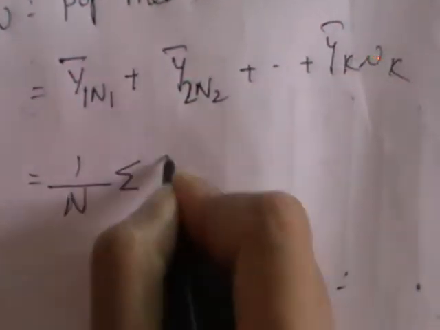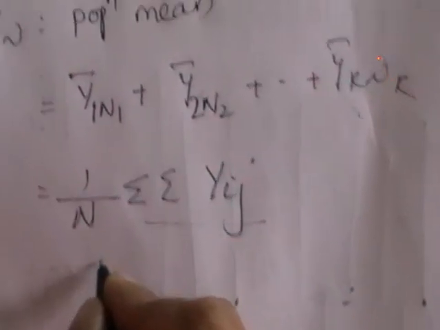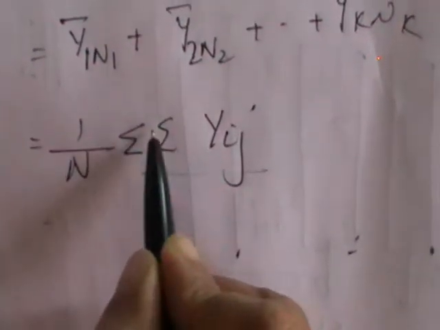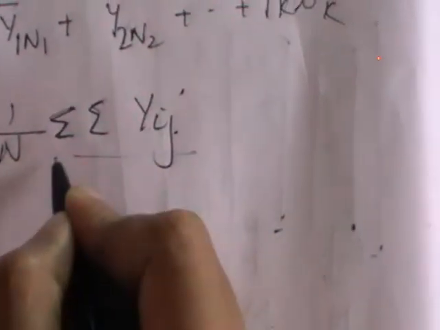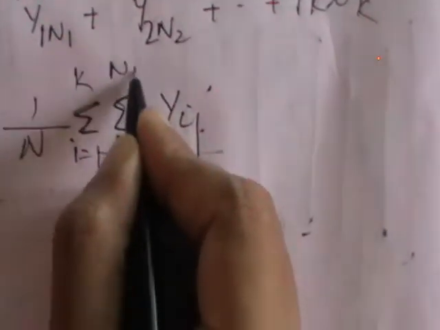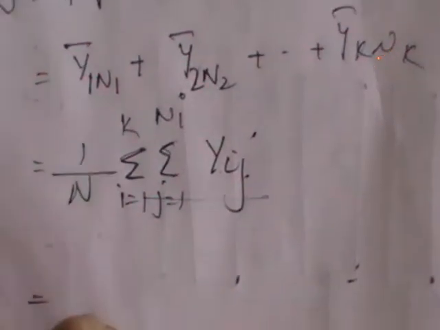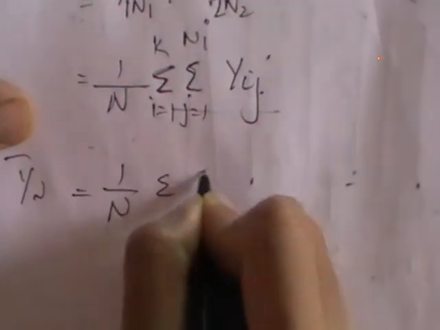N. So Y bar is 1 by N, double summation Yij. Sum of the units by number of units. Since you have two suffixes, you write a double summation of Yij, i equal to 1 to k, j equal to 1 to Ni. So this is the formula for the population mean, 1 by N sigma Yij.